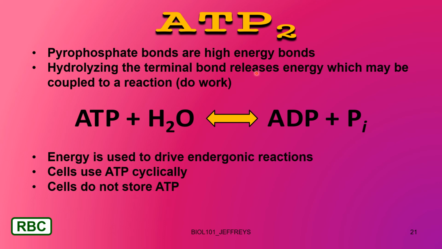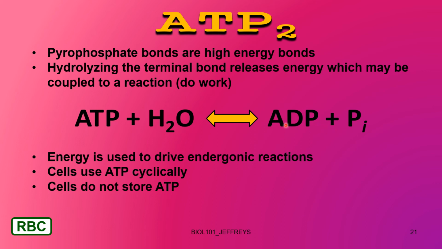Hydrolyzing the terminal bond releases energy, which may then be coupled to an endergonic reaction to do work like active transport. Here's the reaction that you're familiar with. Here's ATP, add a water to it, turns to ADP, releases that terminal phosphate. That energy can be used to drive an endergonic reaction, and then, according to the cycle, the phosphate group is reattached to ADP, and we're back to ATP.